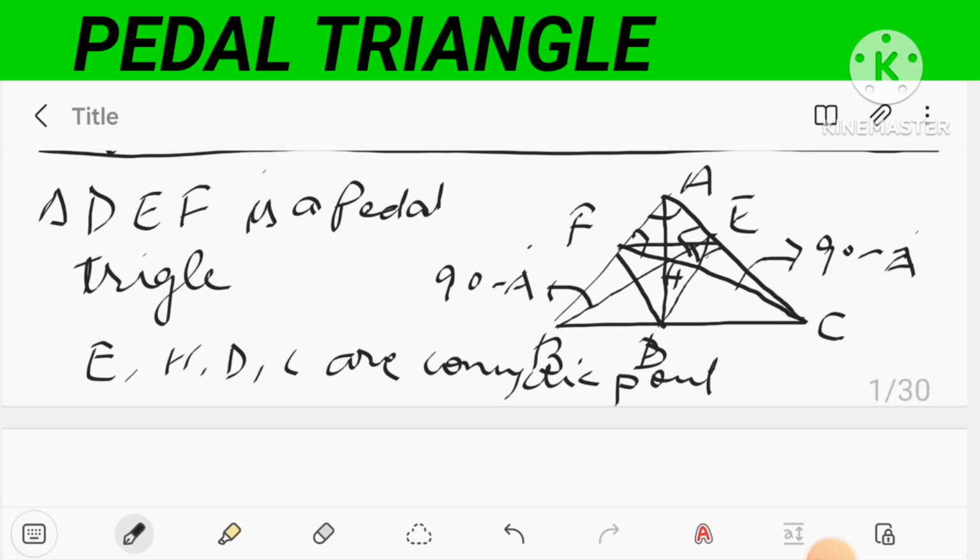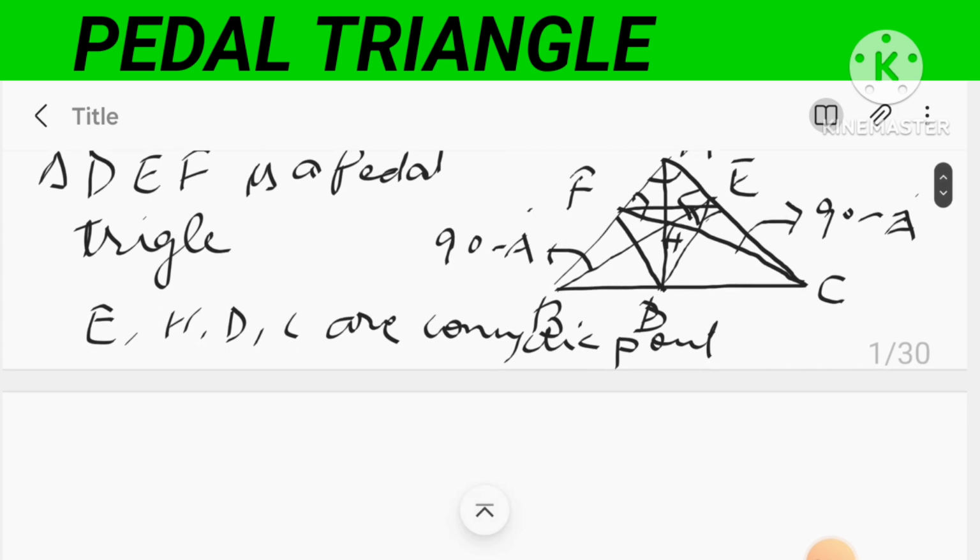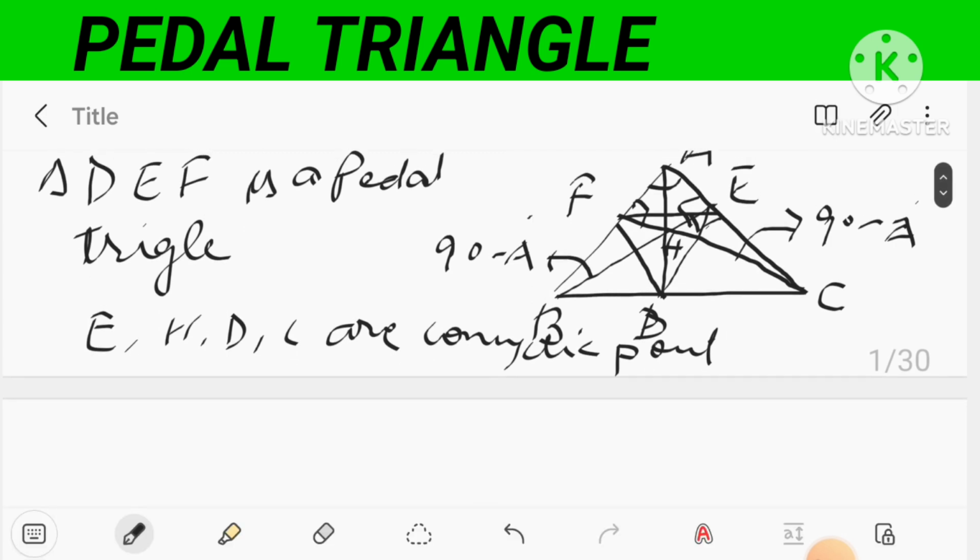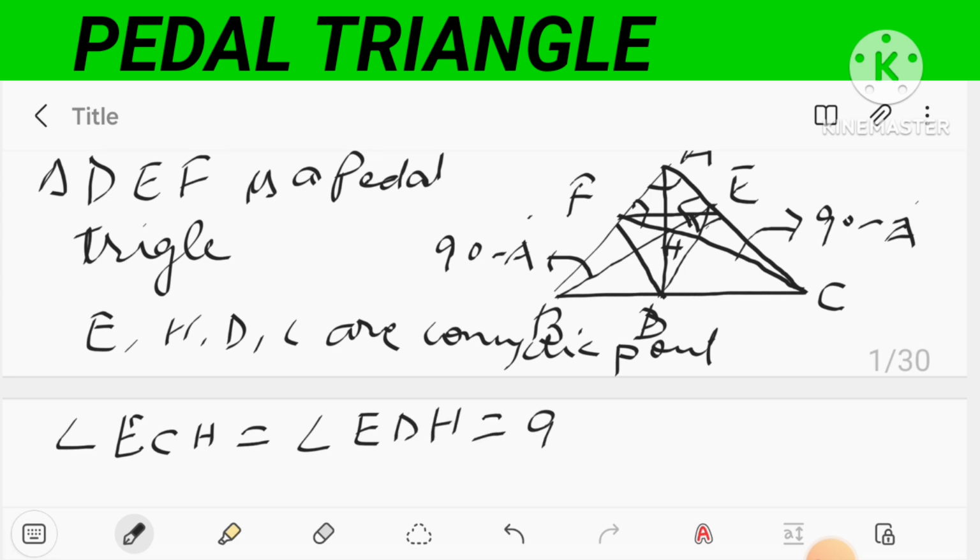Therefore angle ECH is equal to angle EDH, which is equal to 90 minus A.